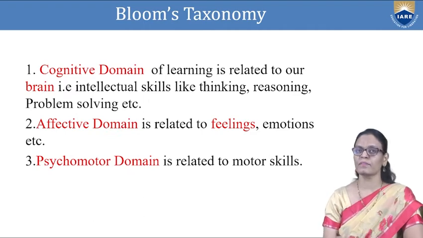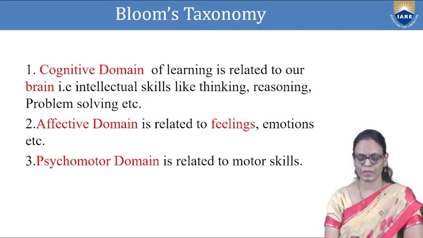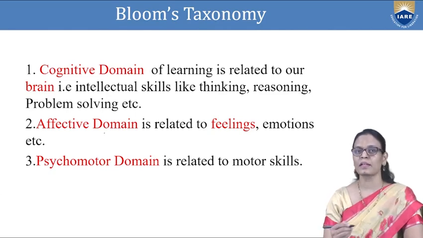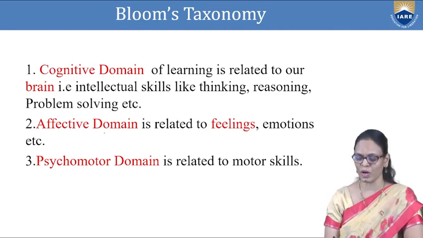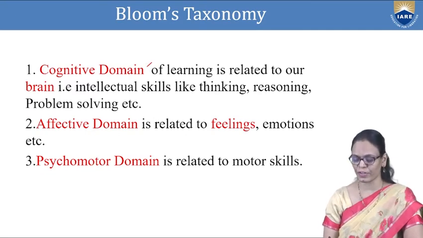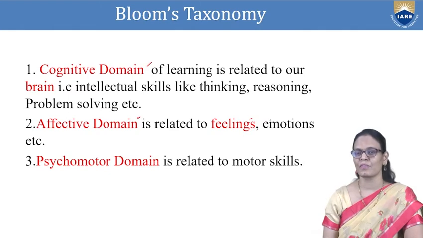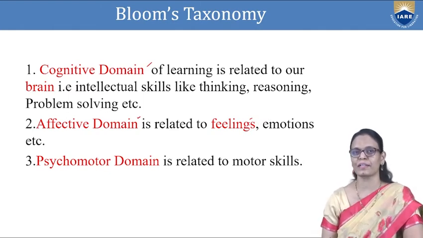So the cognitive domain of learning is related to our brain. That is, our intellectual skills like thinking, reasoning and problem solving all require using our brain. So we call it the cognitive domain. And the affective domain is related to feelings, emotions, etc. This domain takes care of all the other aspects of learning which are related to the heart or the feelings.